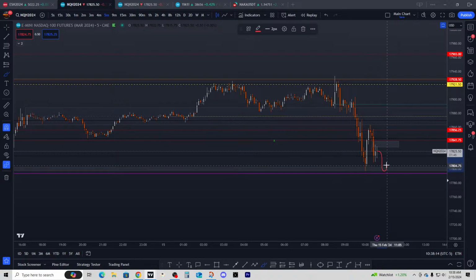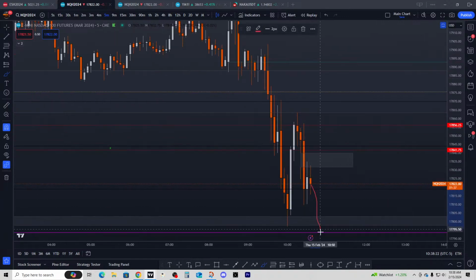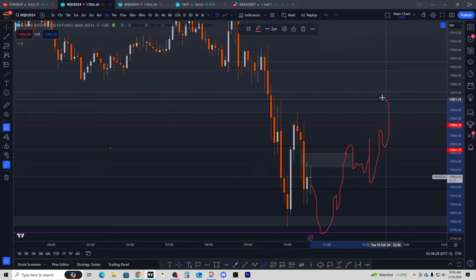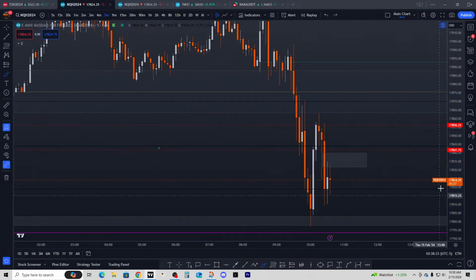Personally I like to see something like this. Let's say down into here, below this low. Something like this, and back up. Maybe something like this, back up to the highs. Something like that would be nice.